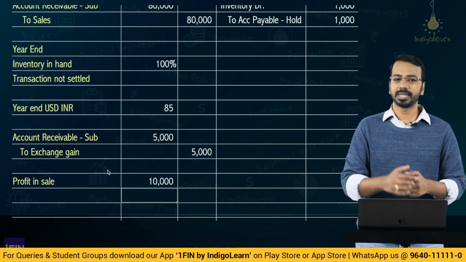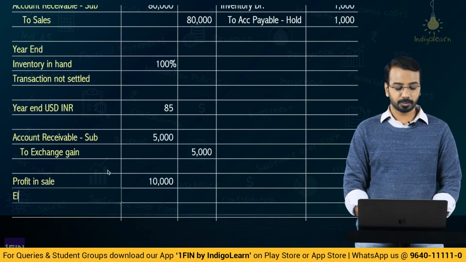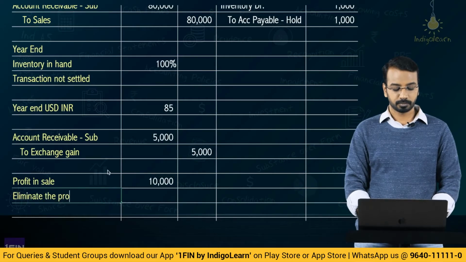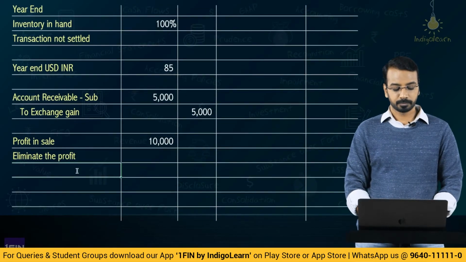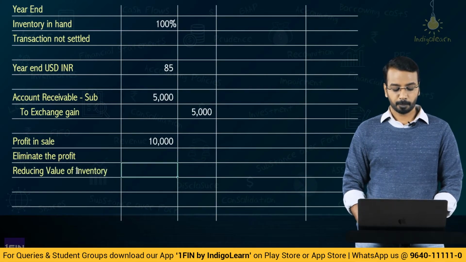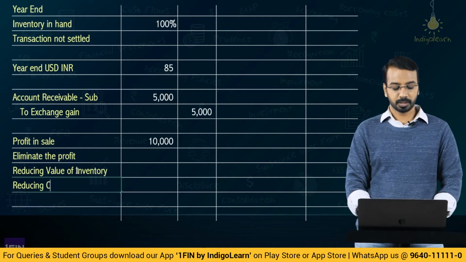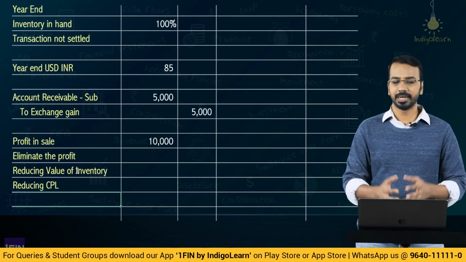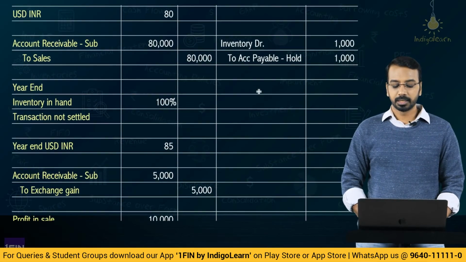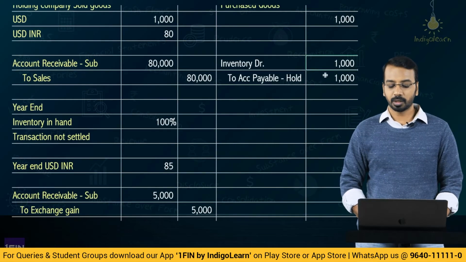Okay. Now, what do you do with this 10,000 INR? You will eliminate the profit by reducing value of inventory and reducing consolidated P&L balance, right? Because here they would have accounted it at $1,000.